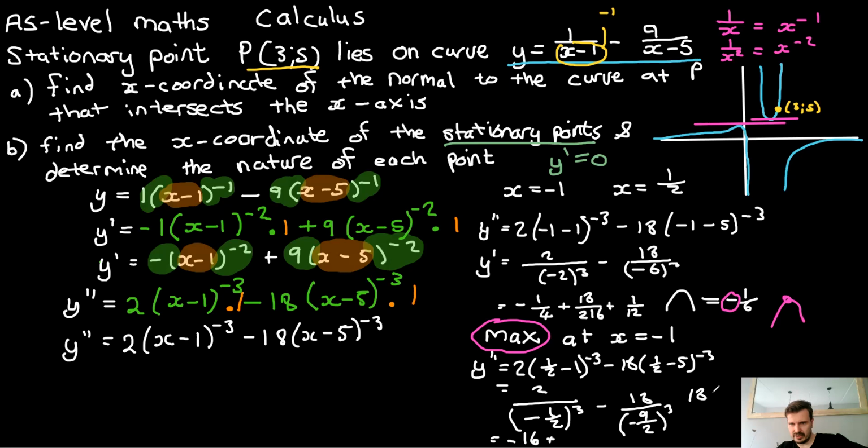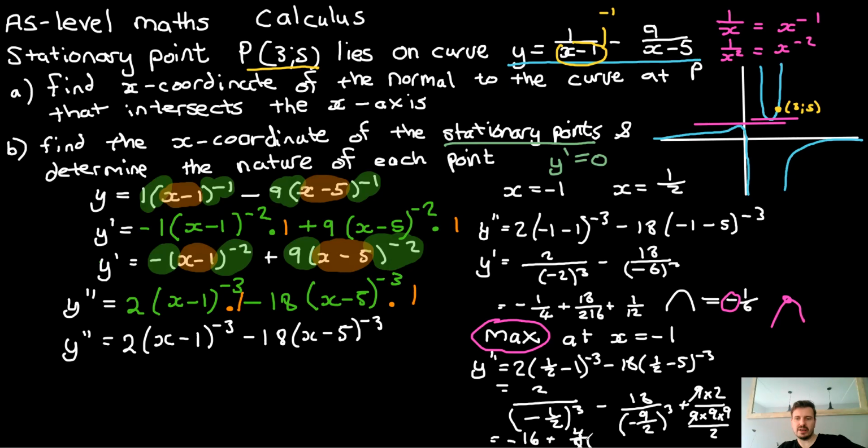We could actually just be clever here: the 9 and the 9 cancel, and so we get 4 over 81, plus 4 over 81.